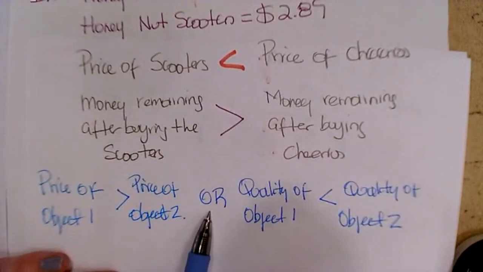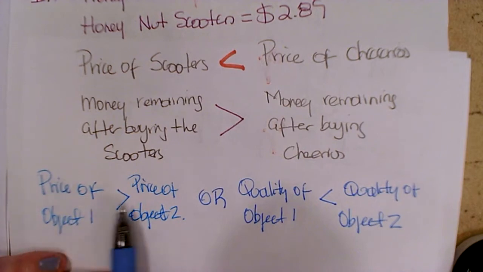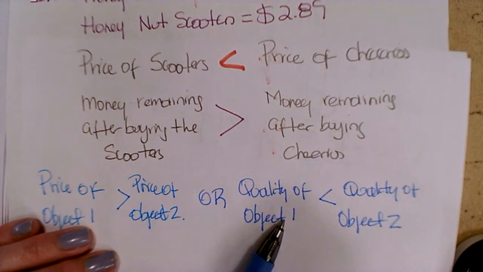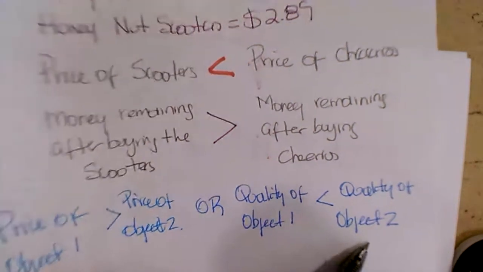We will talk about this when we get to the intersections and the unions. Don't worry about it, okay? The price of the object is more, and we don't know if the quality of that object is going to be less than the other one.